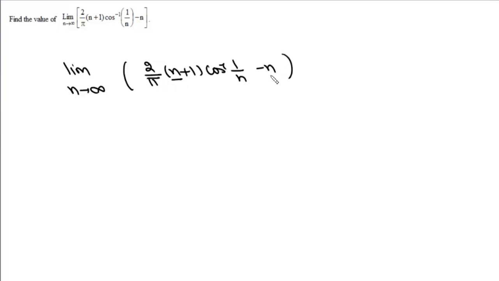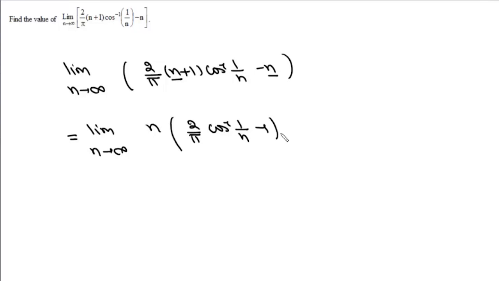Now what we'll do is we'll take these terms of n together, then we can write this as limit n tends to infinity, and this is n, and it will be 2 upon pi cos inverse 1 by n minus 1 plus 2 upon pi cos inverse minus 1 by n.